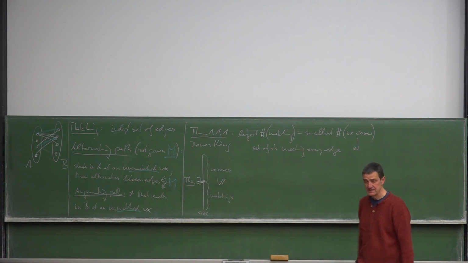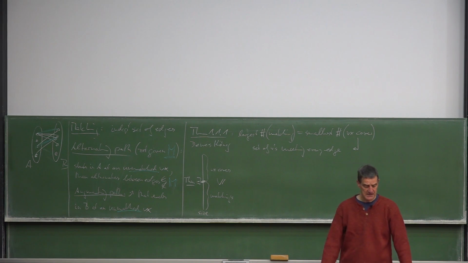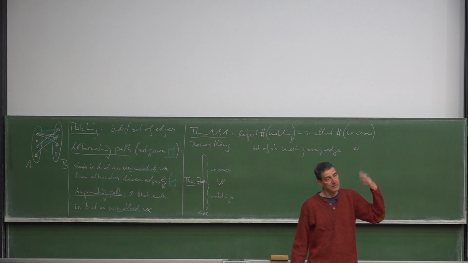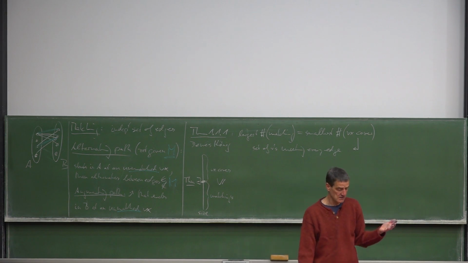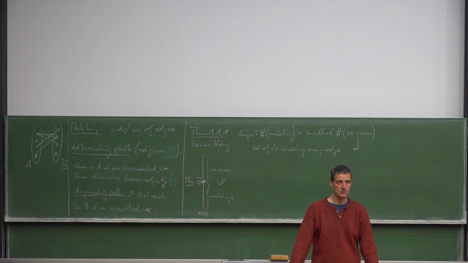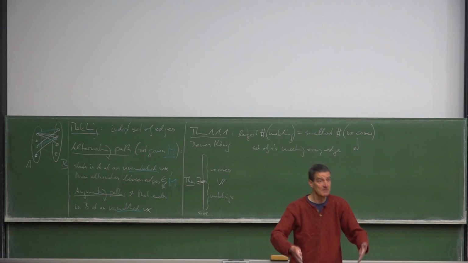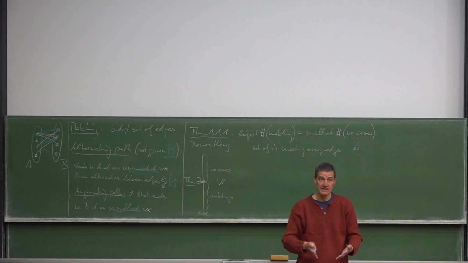Another way of motivating it is to say that a large matching is one particular reason for needing many vertices to cover all the edges. Right? If we have a large matching, then we need at least that many vertices to cover all the edges, because even to cover those edges, we need that many vertices.